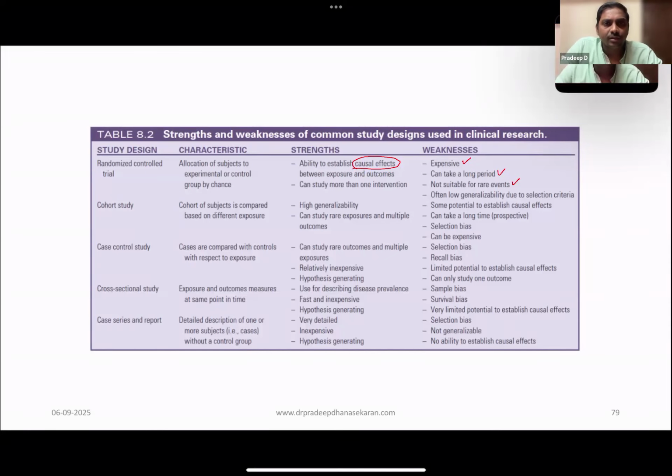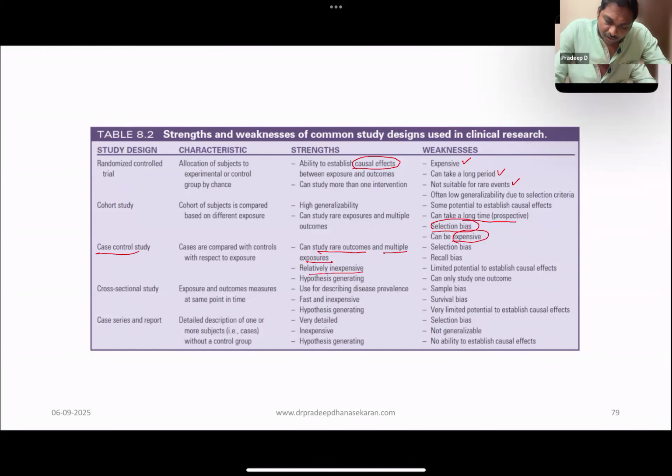Moving on to cohort study. In a cohort study, you are studying a particular condition or disease in a defined population, and that requires a long time. It is usually a prospective study, and you have selection bias. It can be expensive. Selection bias, because you define your cohort, so the selection of your defined cohort itself is a selection bias. Case control study can study rare outcomes and multiple exposures, and is relatively inexpensive.